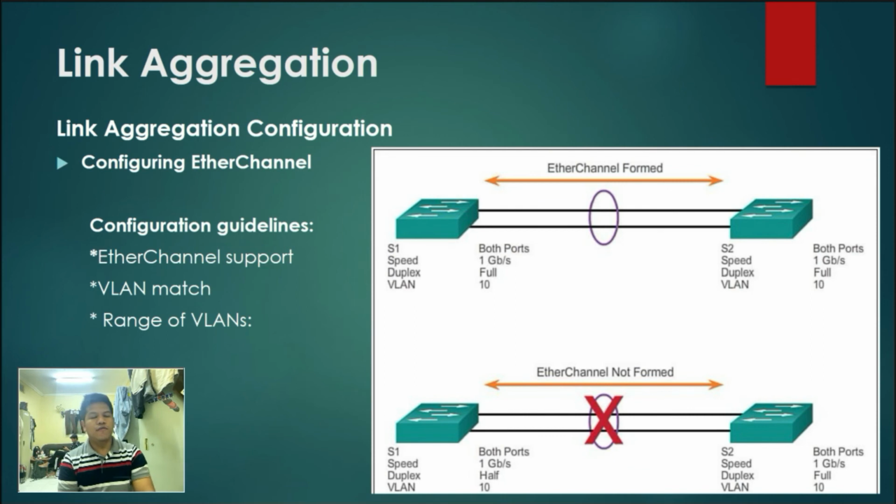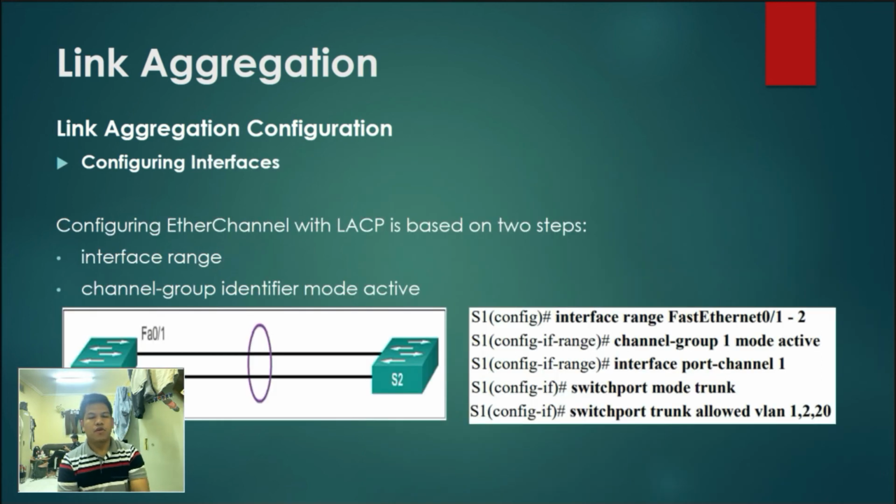For configuring the EtherChannel, the following guidelines and restrictions are useful. The first one is that EtherChannel supports VLAN maps and the range of the VLAN. For configuring the interfaces, configuring EtherChannel with LACP is based on two steps.